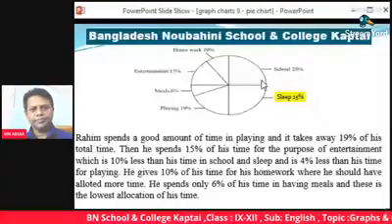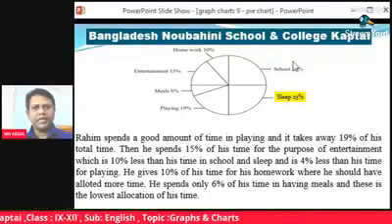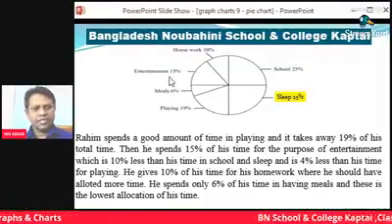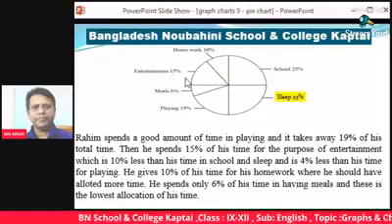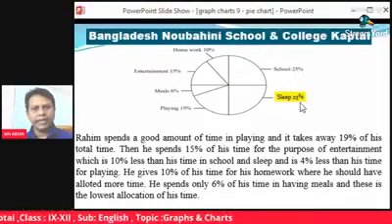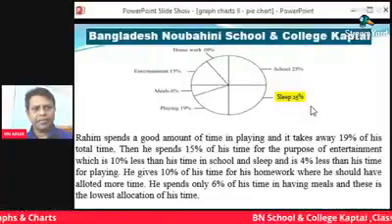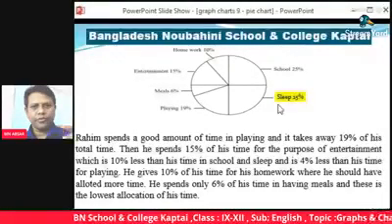Okay, look. For school, he spends 25%, whereas he spends 15% time for entertainment. That's why the difference is 10%. Similarly, for sleep, he spends 25% time, whereas he spends 15% time for entertainment.